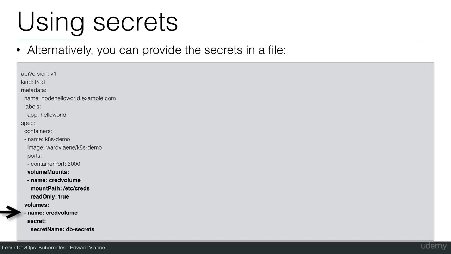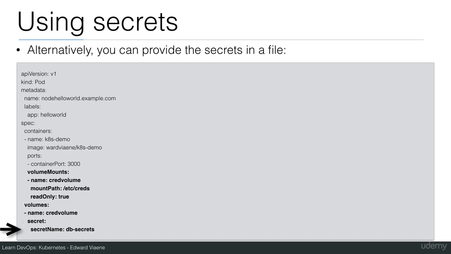This name, cred-volume, must be equal to the volume mount, because in the volume mount, you're referring to a volume here that you're creating. This volume consists of secrets, so we're going to say secret with a secret name, database-secrets.